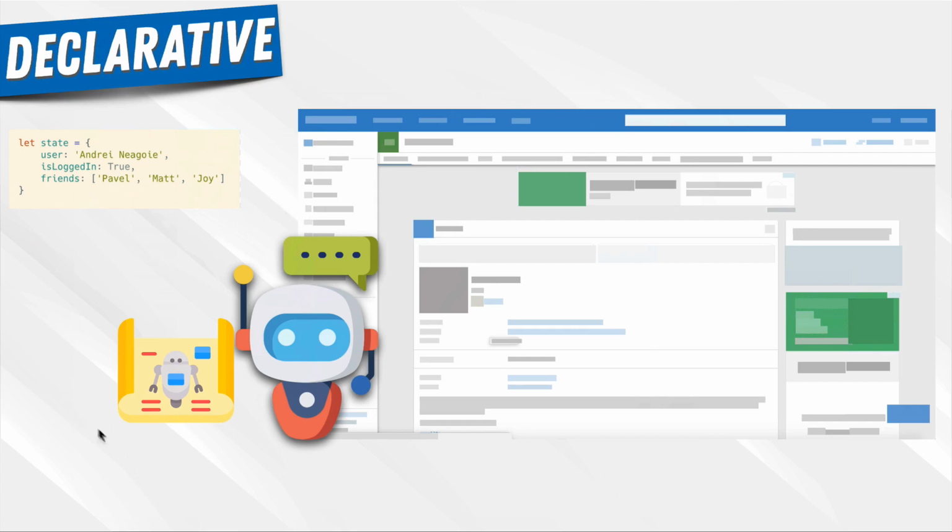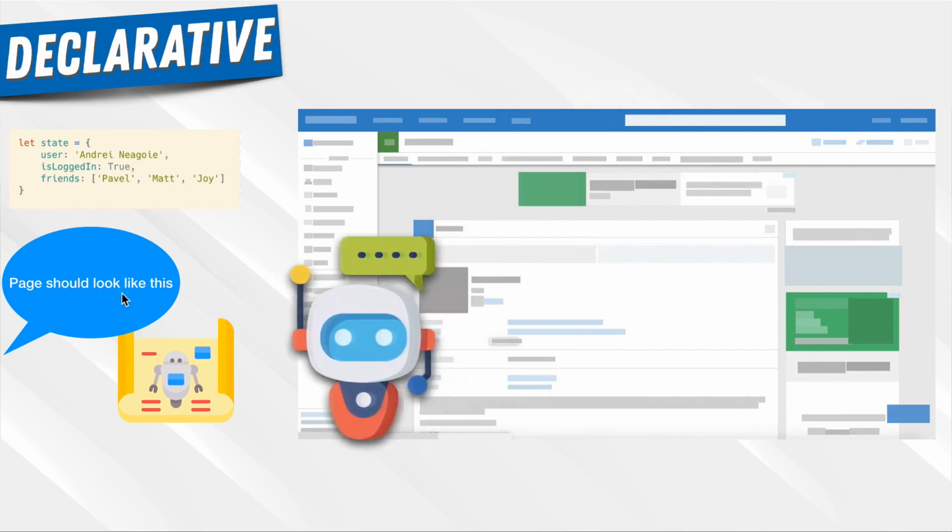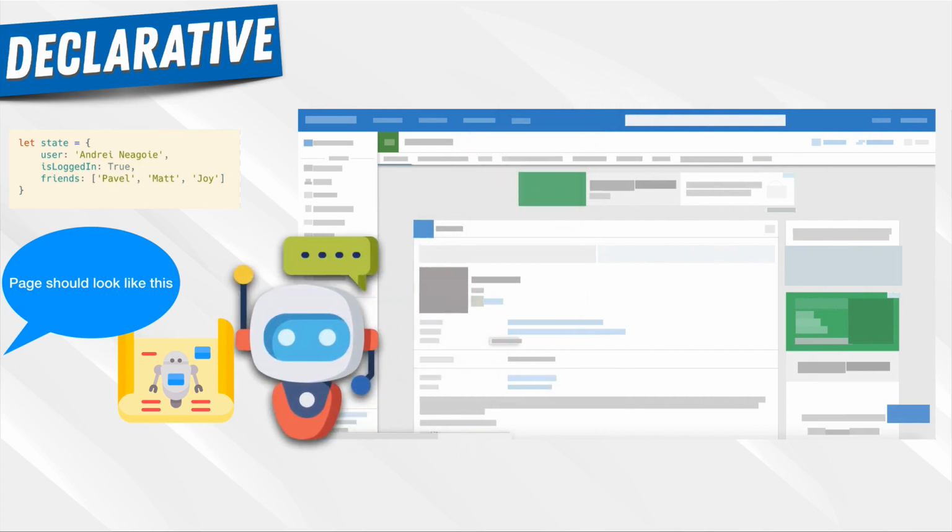And React is going to hold this JavaScript object, this massive blueprint of how things should look. And based on this blueprint that we give it, well, React just says, hey, just tell me what the page should look like, and I'll take care of it. I'll do everything for you. I'll find the best way to use the DOM. You're never going to touch the DOM. Just tell me what the page should look like.